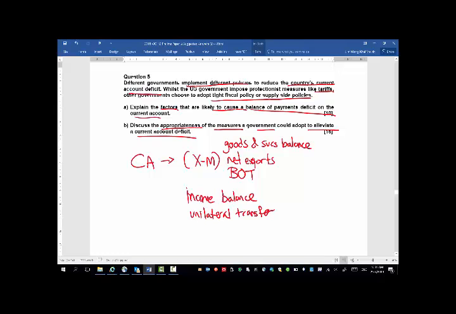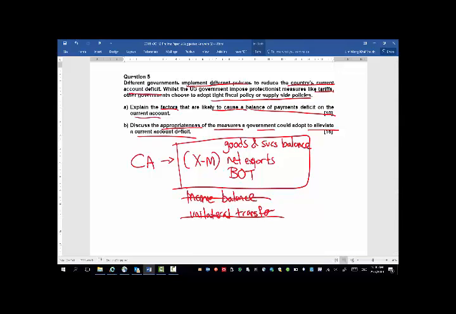For the sake of this question, we will not talk so much about income balance and unilateral transfers, simply because they are not so easily adjustable by government policies, unlike your X minus M. These two are not as easily manipulated. It's really this part here that you can adjust through your various policies.